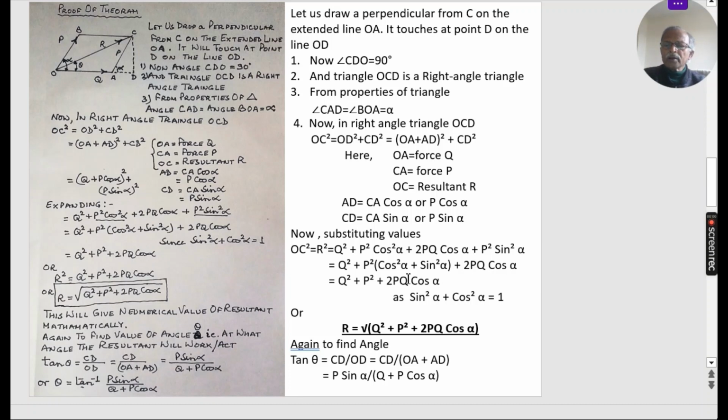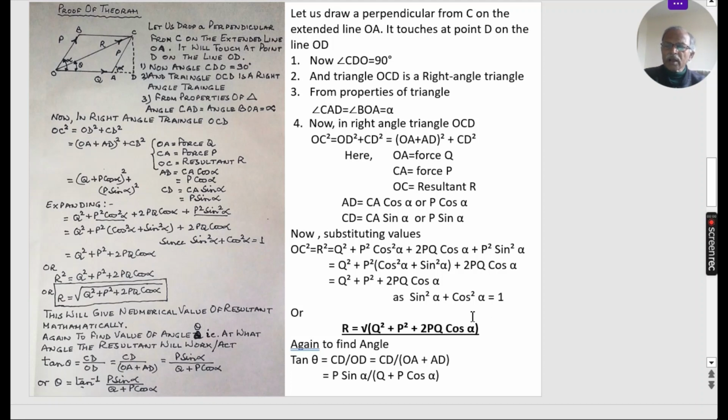Since cos square alpha plus sin square alpha is 1, this will reduce to Q square plus P square plus 2PQ cos alpha. Got it? Alternatively, we can say R is under root Q square plus P square plus 2PQ cos alpha.